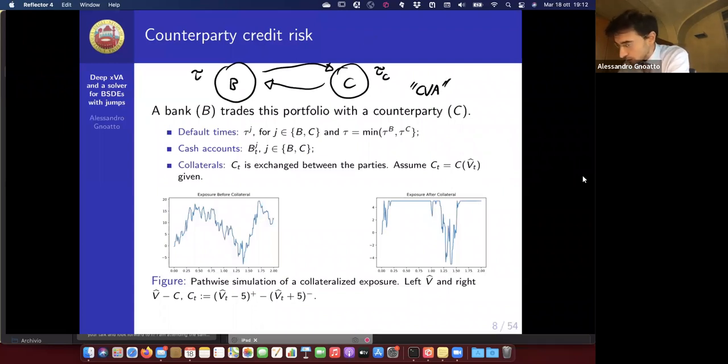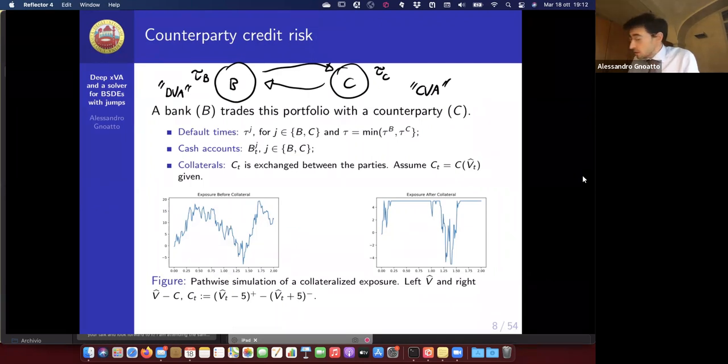value adjustment. But then around, I would say, 2012, 2013, people started to say, okay, but look, also the bank could default, and this gave rise to the debt value adjustment. In order to take into account this possibility, we introduce two different additive adjustments.